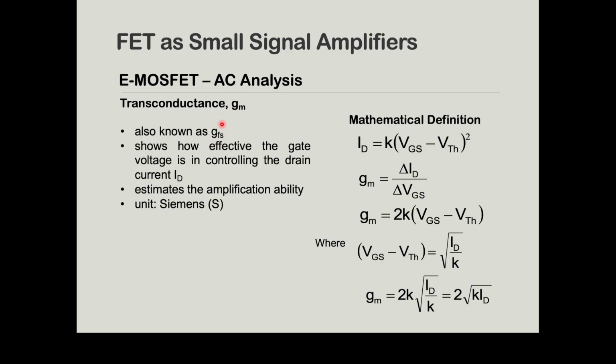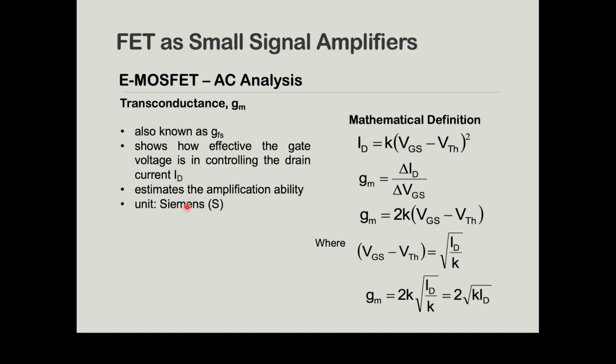In our syllabus we usually use GM. And what is GM? GM shows how effective the gate voltage is in controlling the drain current ID. The unit for GM is Siemens, symbolized as S.